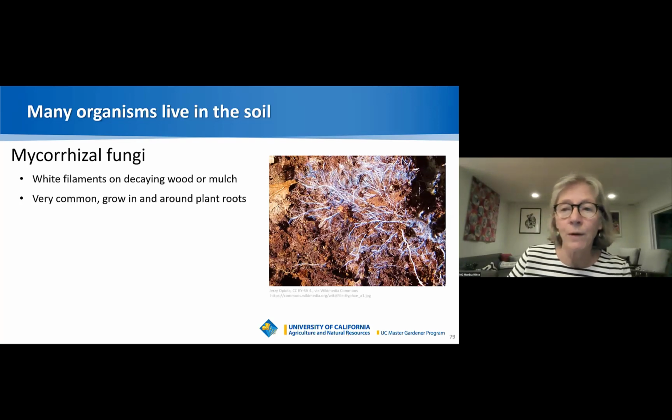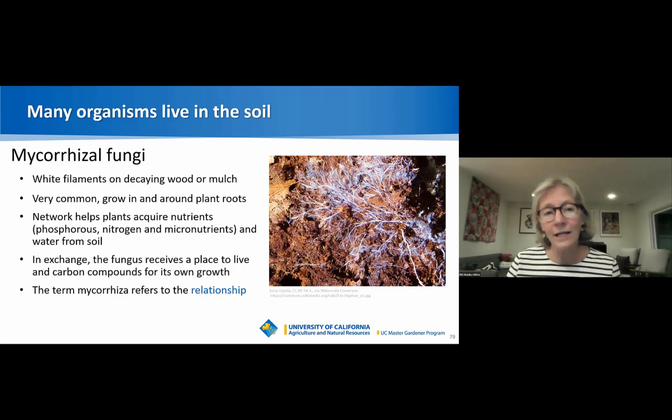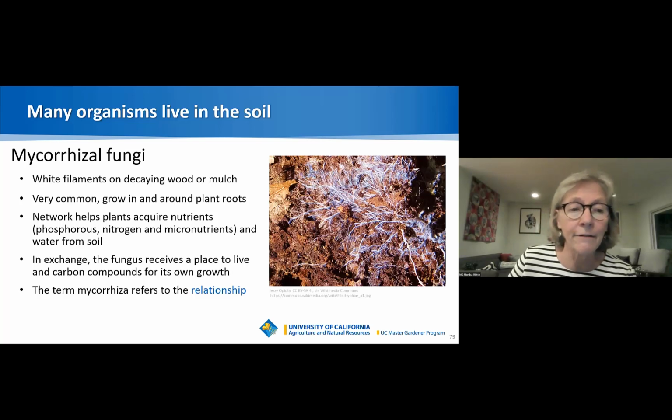They grow in and around roots, and they form networks. And a network of hyphae is called a mycelium, and these networks help the plants acquire nutrients, phosphorus, nitrogen, and micronutrients, and also water from the soil. And in exchange, the fungus receives a place to live and carbon compounds for its own growth.